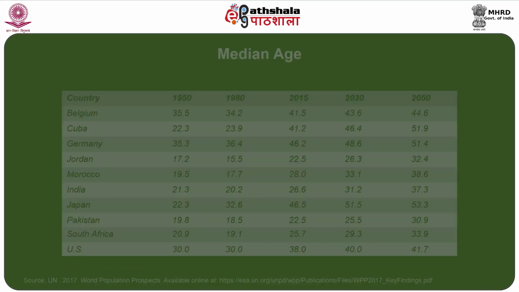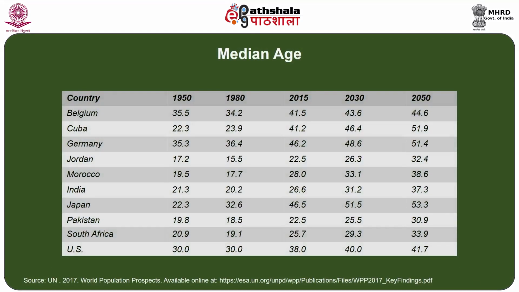For example, we see that for Jordan and Pakistan, the median age was 17.2 years and 19.8 years respectively in 1950, which increased to 22.5 years for both in 2015, and the figures projected for 2030 show an increase to 26.3 years and 25.5 years for Jordan and Pakistan respectively.